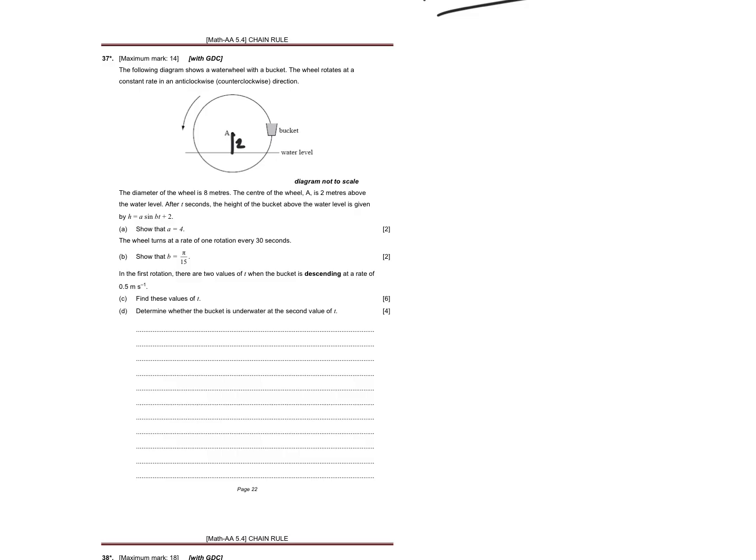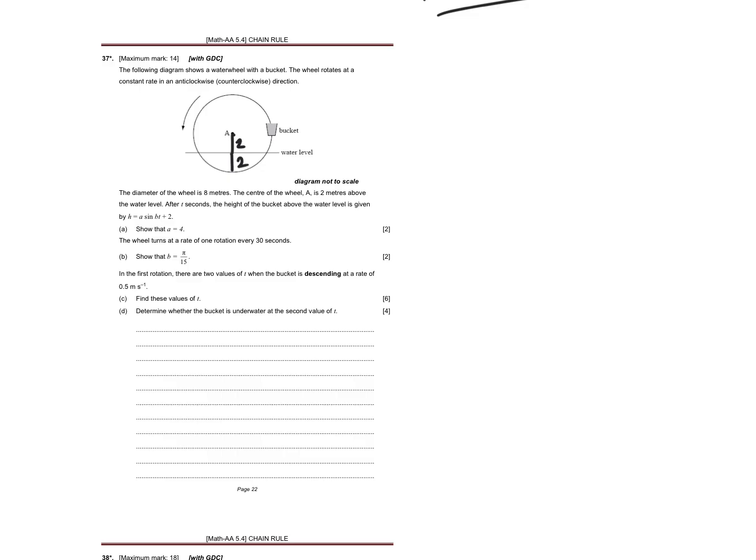So that means that this bit, if the diameter is 8, the radius is 4, so that has to be 2. After t seconds, the height of the bucket above the water level is given by that. Show A is 4.